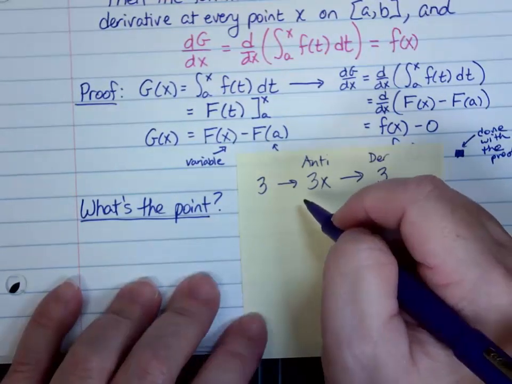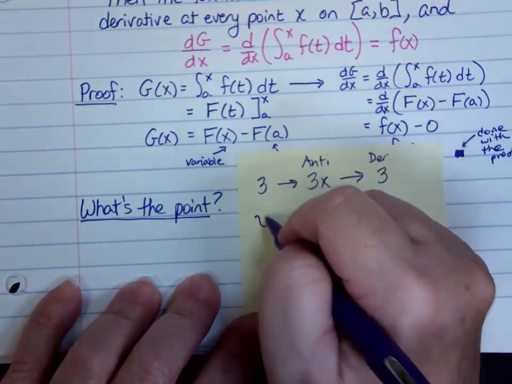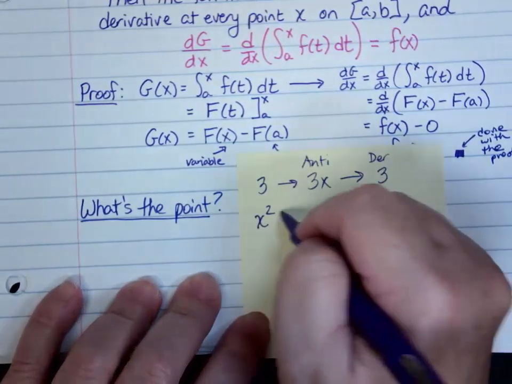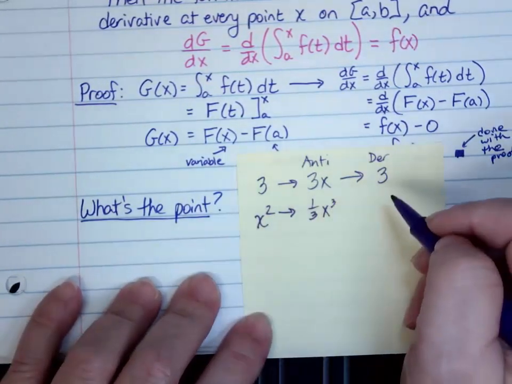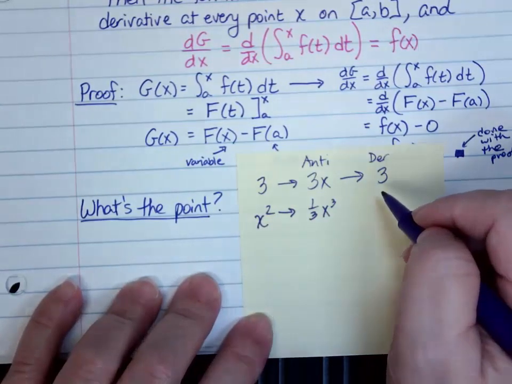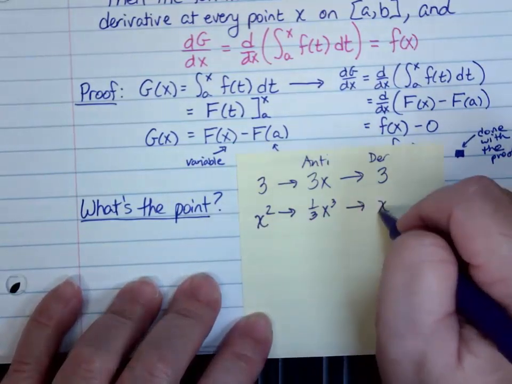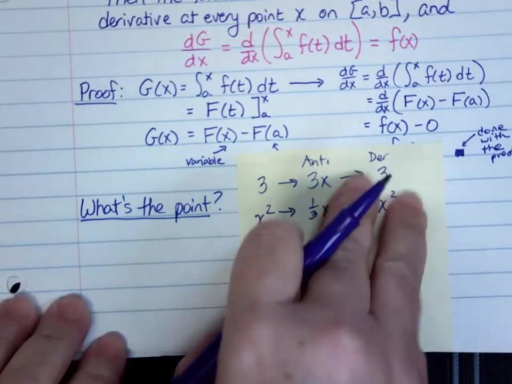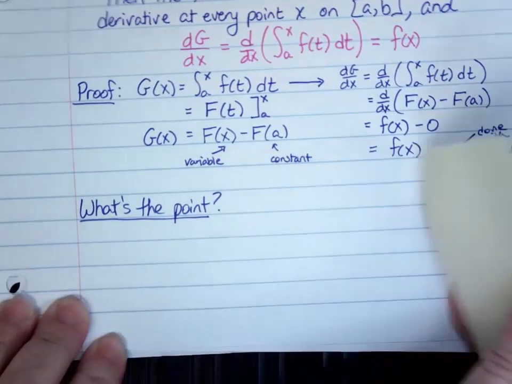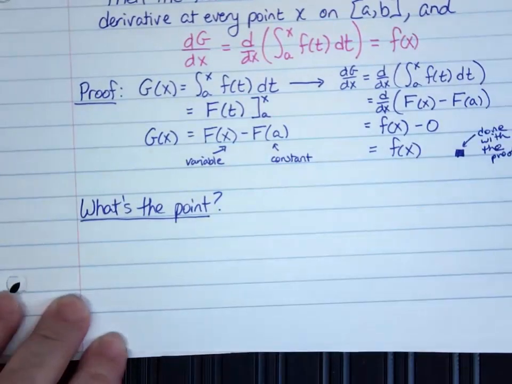Yes. If I put x squared here, the antiderivative is 1/3 x to the third, and then if I take the derivative of that, I'm back to x squared again. So that's the number one thing that this theorem tells you, is that derivatives and integrals, derivatives and antiderivatives, are inverses of each other. Okay?